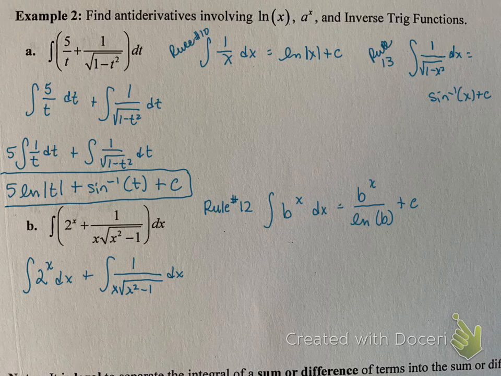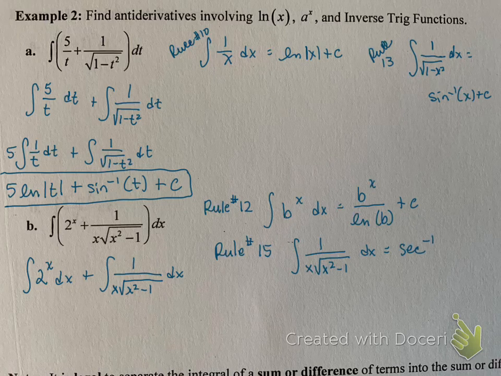Okay. The other rule that we're going to use for the second one is rule number 15, which says the integration of 1 over x times the square root of x squared minus 1 dx equals inverse secant of x plus c.